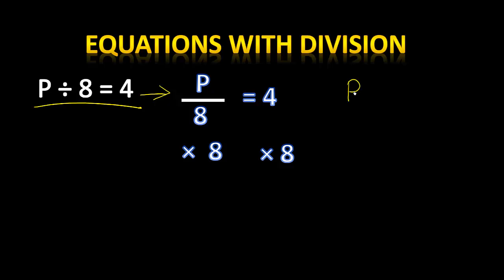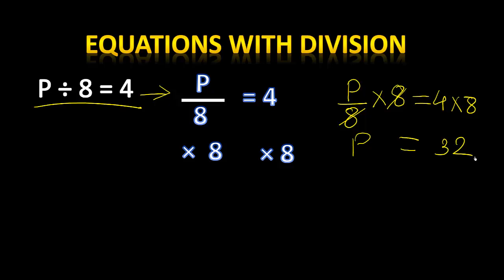It would be like this: p by 8 multiplied by 8 is equal to 4 multiplied by 8. Now we're cancelling out 8 because they're the same number, and 4 times 8 would be 32. p is equal to 32 because 4 times 8 is equal to 32.